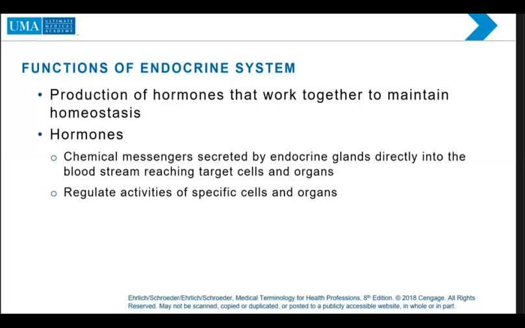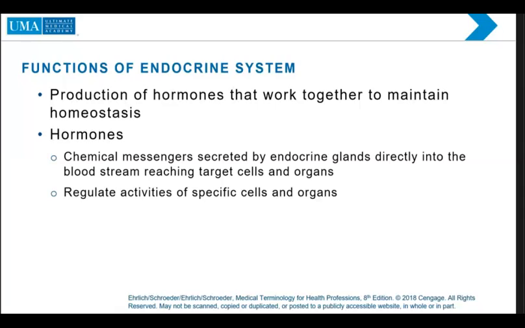So let's look at the functions of the endocrine system in relation to your terminology. The endocrine system produces hormones that work together to maintain homeostasis for the body. Hormones are just chemical messengers secreted by the endocrine glands directly into the bloodstream, reaching target cells and organs.